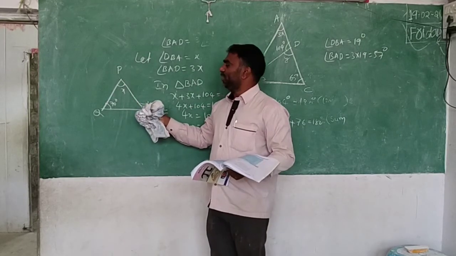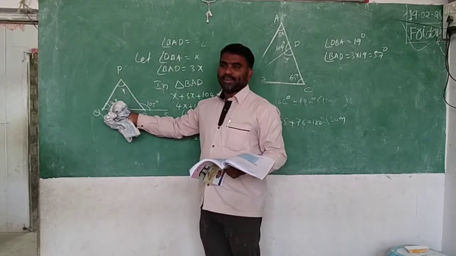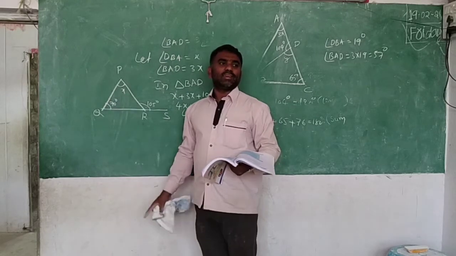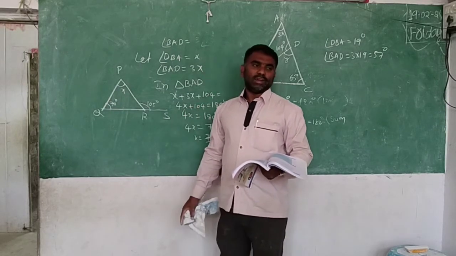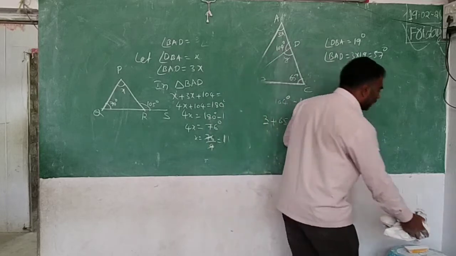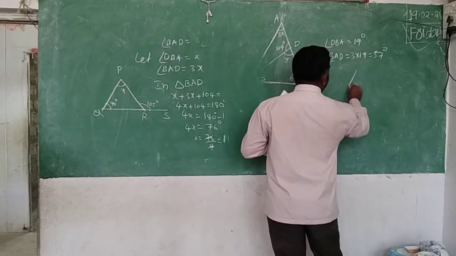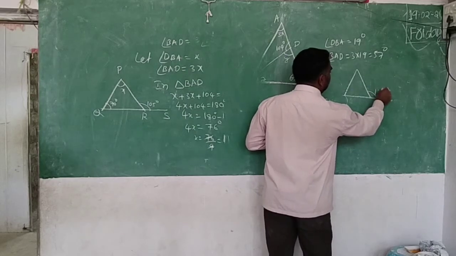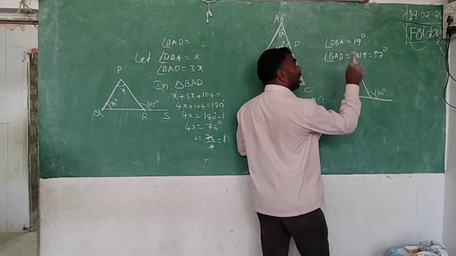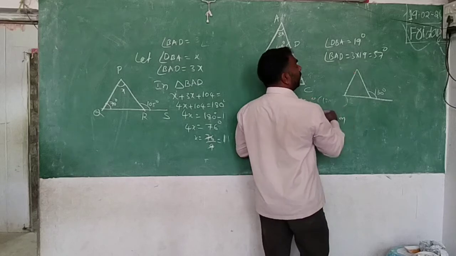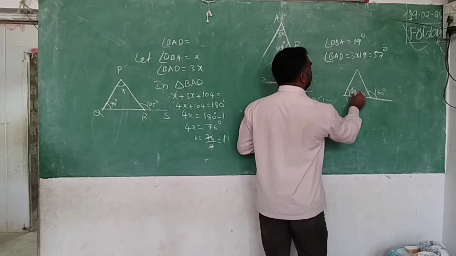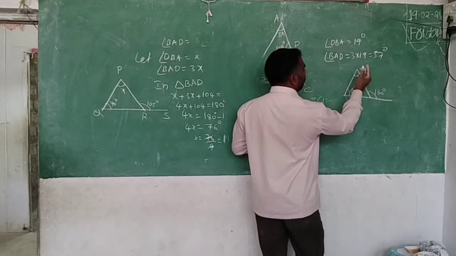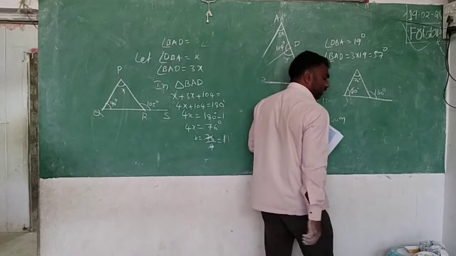He is saying this is 130, this is 60, and how much is this he is asking? 70. Direct question, no? You draw the triangle. One triangle, exterior angle is 130. Out of the two interior opposite angles, one is 60. What will the other be? So it is 70.